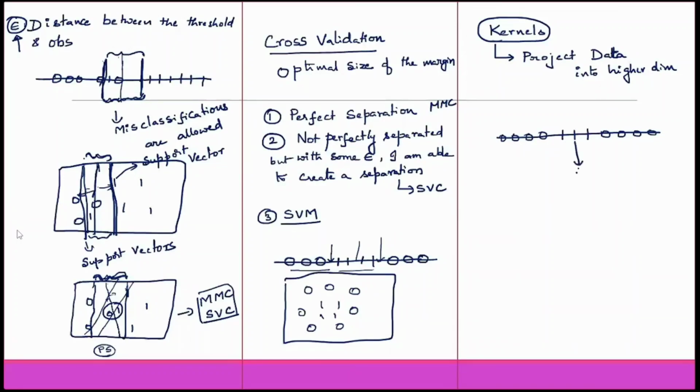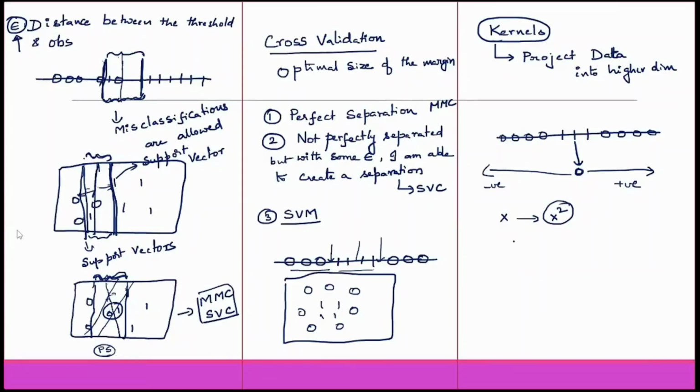This value will be set to 0, and probably these are the negative values and these are the positive values. Then, for all x, I'll create one more dimension called x squared. So instead of one-dimensional data, I will make it two-dimensional data by doing a simple squaring.